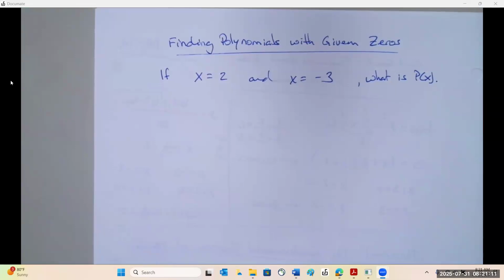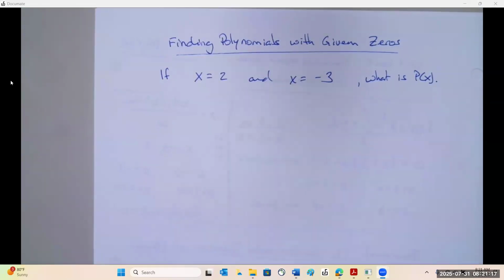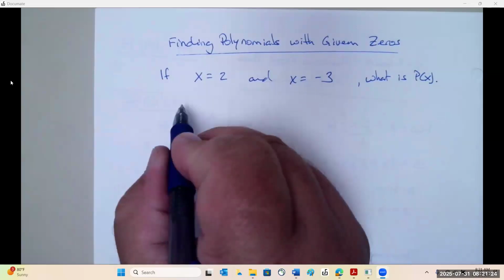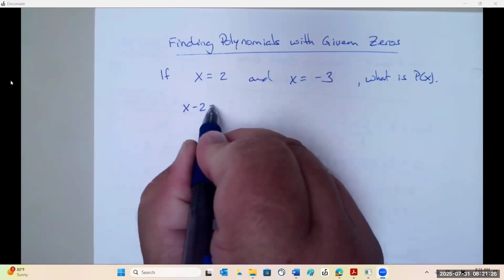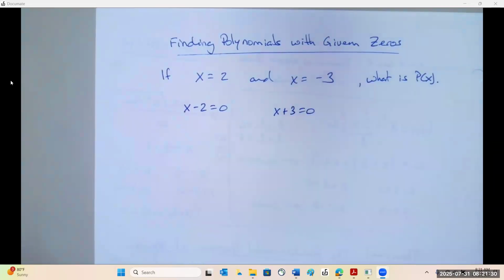Another way this could be asked is: a polynomial function has zeros at 2 and -3. What is the polynomial function? So we start off with this, set them equal to 0. In other words, move them over.